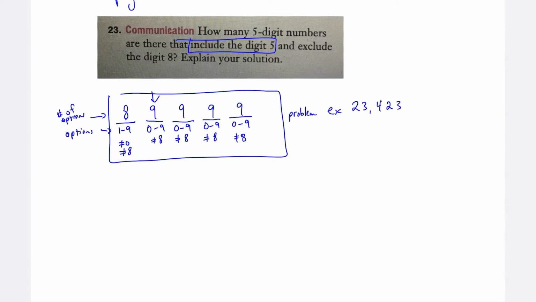My way of doing this, and this is just one way of doing it, there's lots of creativity in this. My first option is to make sure that the first digit is a 5. An example of a number that would do that is 52,351. If I force a 5 here, I'm going to make the other digits 0 through 9, but not an 8.